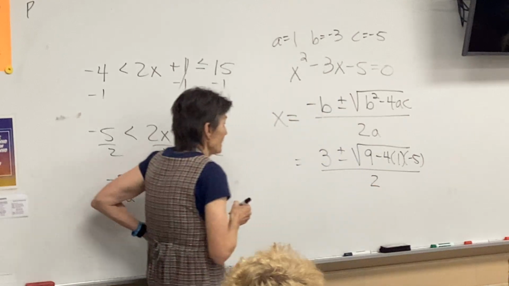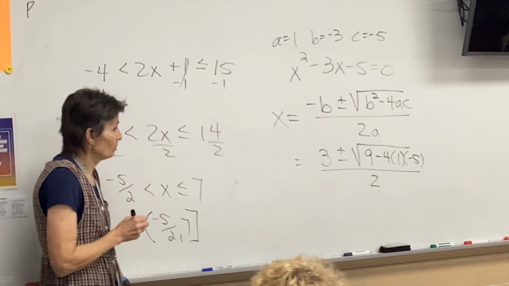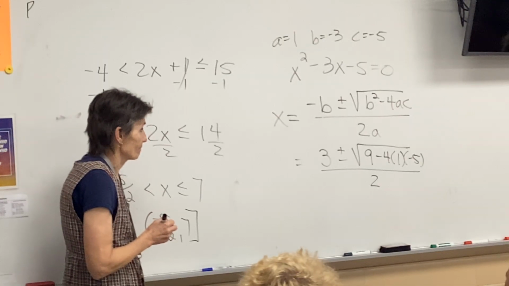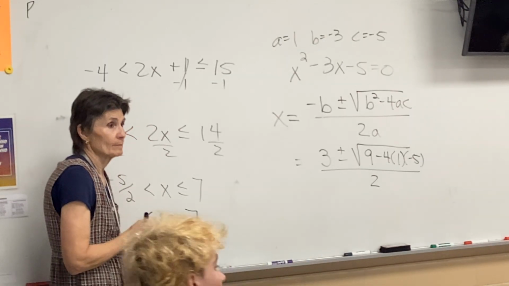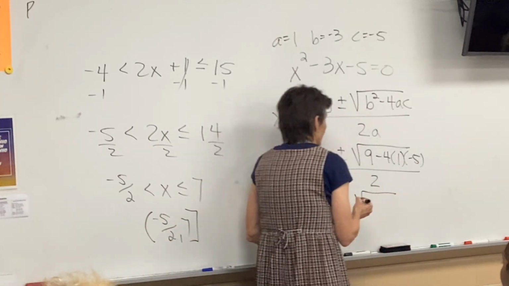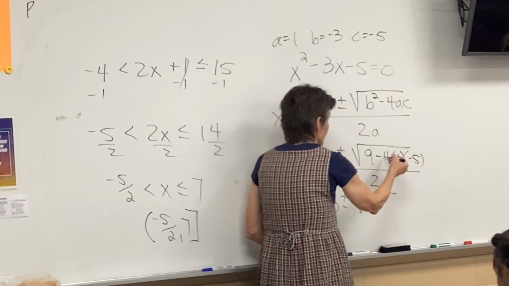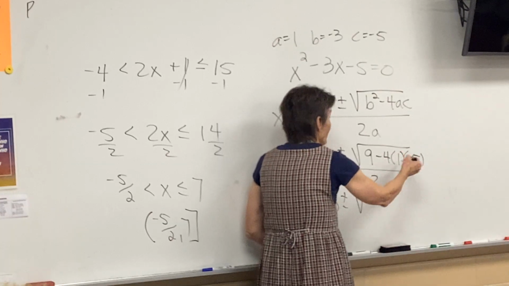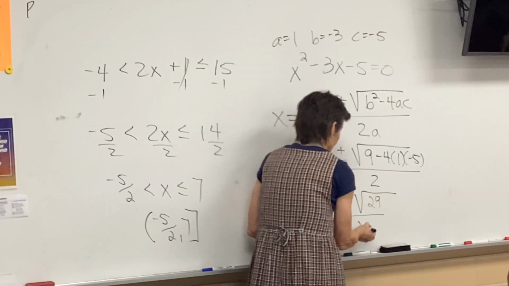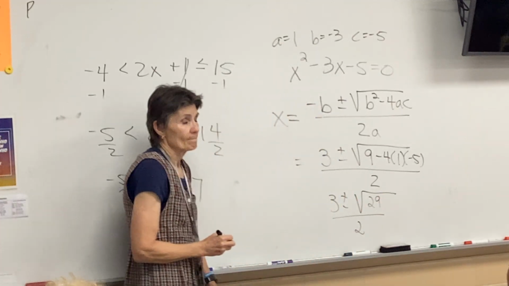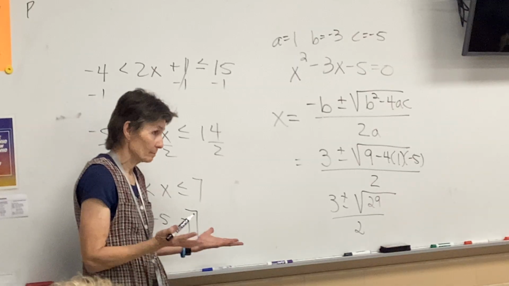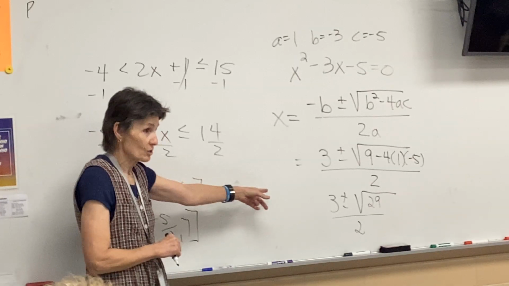If it helps you to write that down, go ahead and write it down so that you can plug them in. Okay, here we go. What's going to happen right here? This is going to become positive 20, so 29. And we're incredibly lucky because 29 does not break down, so we're finished. That's your answer.